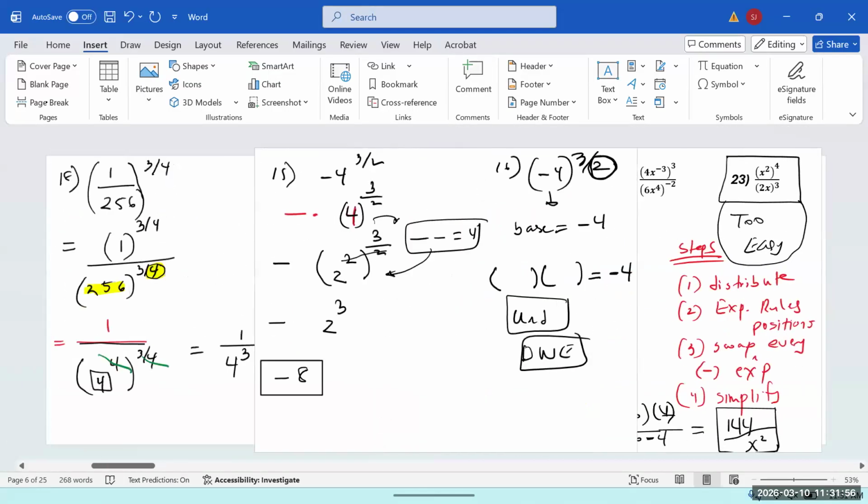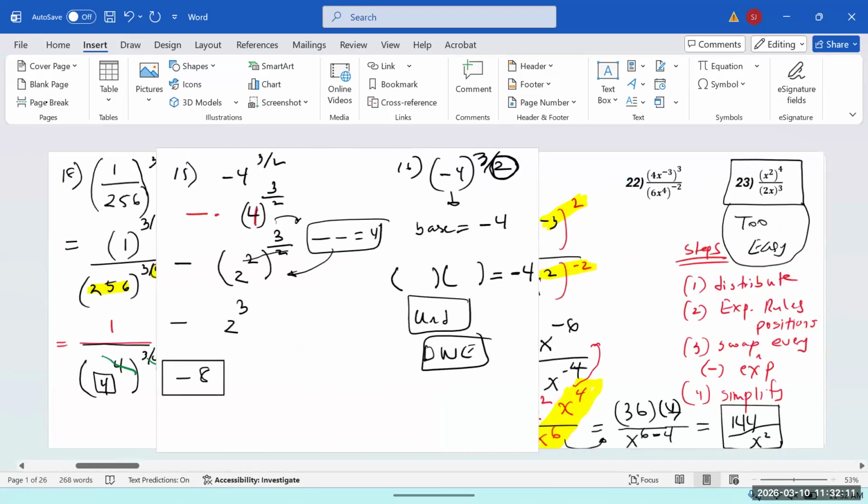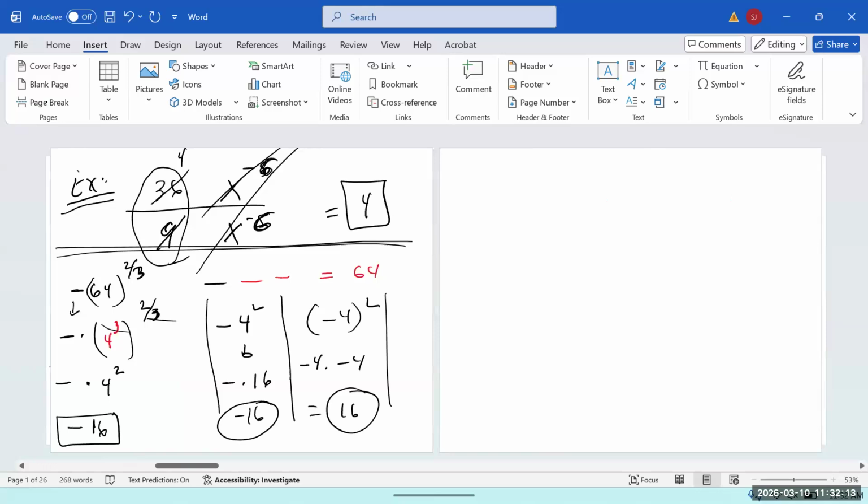What question do I have for the fraction? 16 to the -3/4.